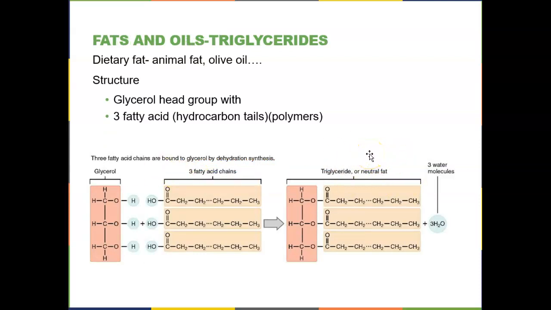So here you are. This is a triglyceride, or fat: a glycerol head group with 3 fatty acid tails, sometimes referred to as hydrocarbons. But they're called acids because when they're in this state here, this OH group can let go of that H+ and then it becomes O-, releasing hydrogen ions into the solution, which increases the hydrogen ion content, decreasing the pH.